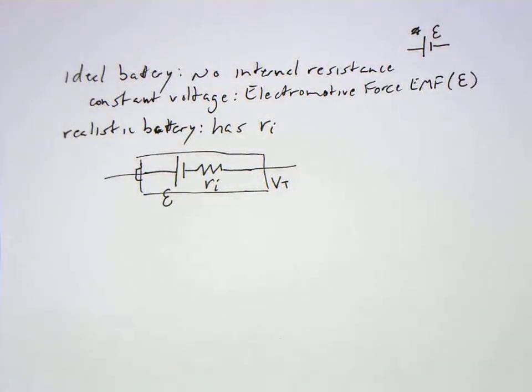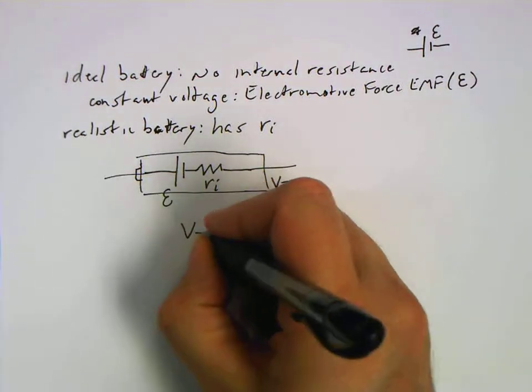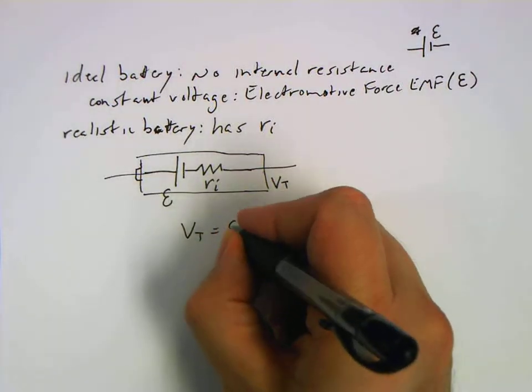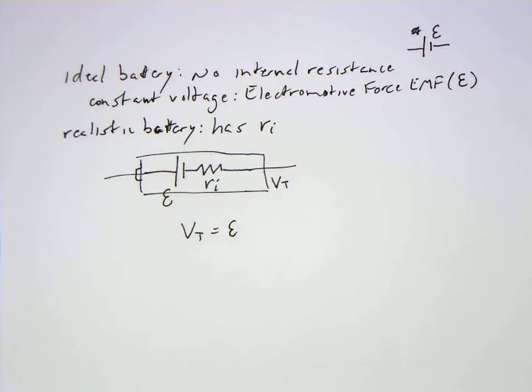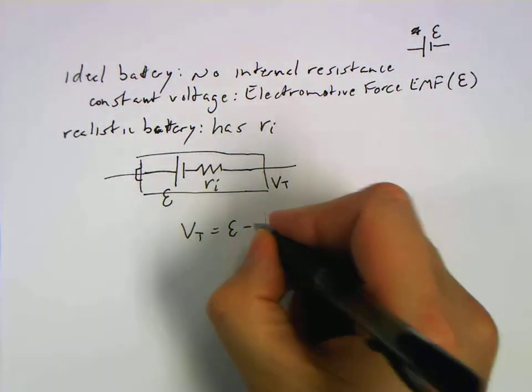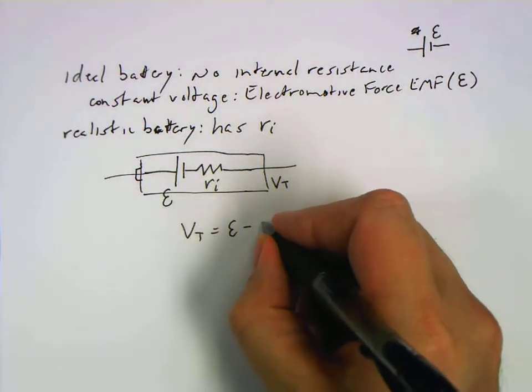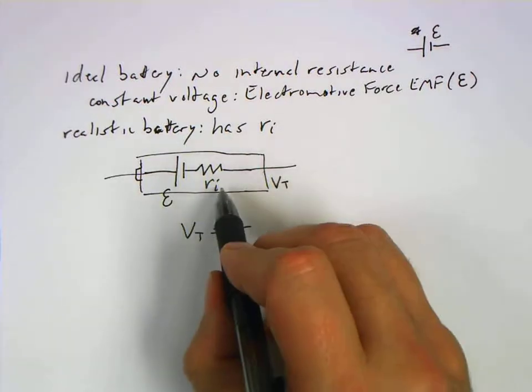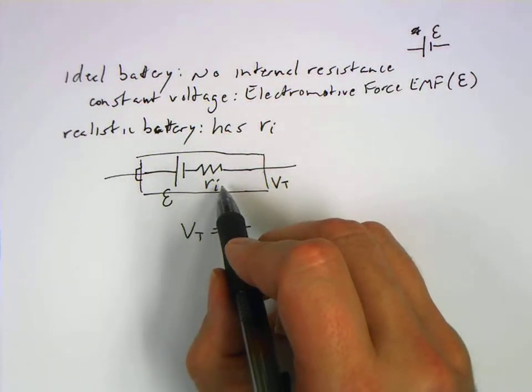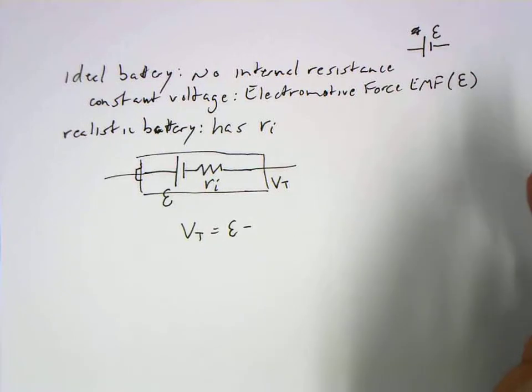running through it. So my terminal voltage is equal to my idealized voltage, my EMF, minus, well, the voltage that's used up by the internal resistor. Well, that's going to change with current, so I can't just say V sub Ri. That's going to adjust itself every time. So, well, we know what V is always equal to.